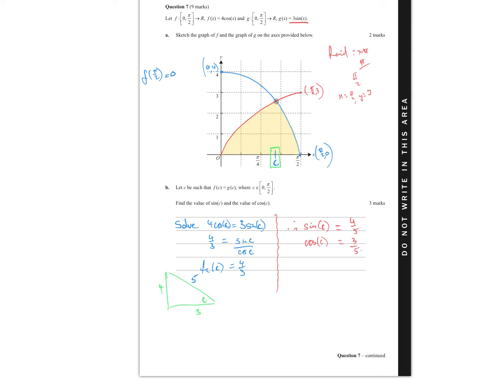So if I just use my little right angle triangle, if that's the angle C, 4/3 is tan, opposite over adjacent, so 4 over 3. So it makes the other side 5. And so now that gives sine C and cos C, from that, opposite over hypotenuse and adjacent over hypotenuse.